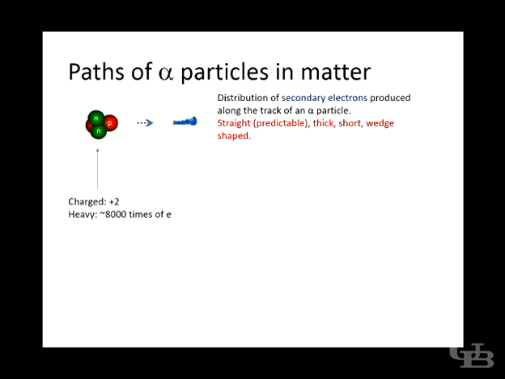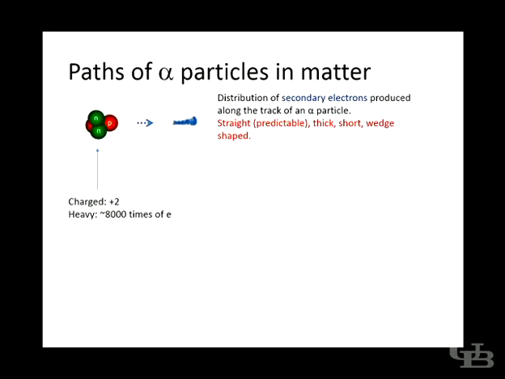It's straight because it's very heavy compared to the electrons in the way. So the alpha particle does not change its trajectory.